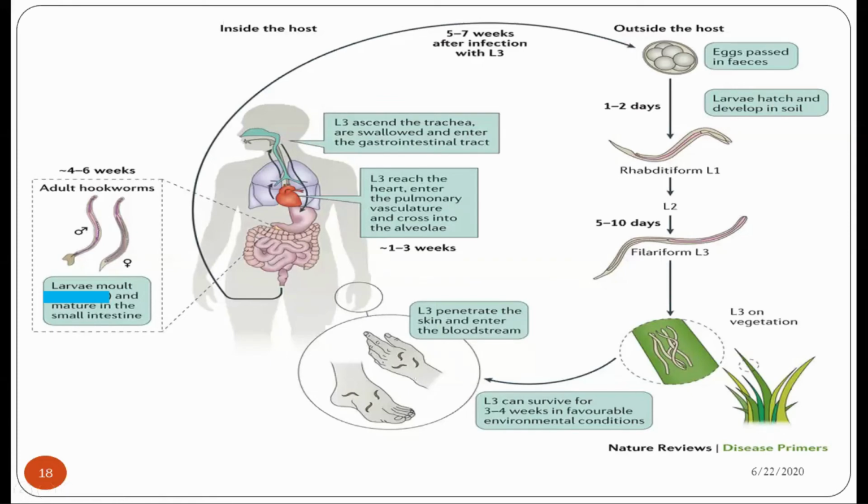Then it is transformed into the L3 stage larva, which is infective to human beings. This L3 stage larva is called the filariform larva.